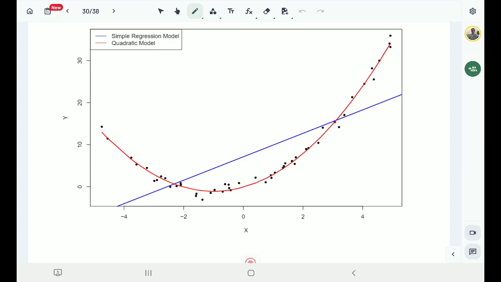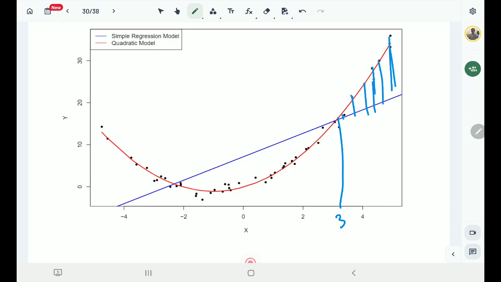Why is that? Because as you can see, once you go to the right of approximately 3, the deviations from the line are all positive. So obviously there is some pattern, right?